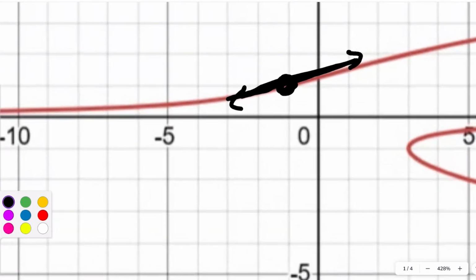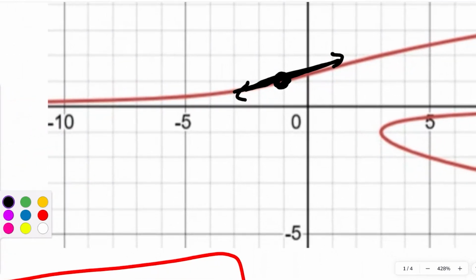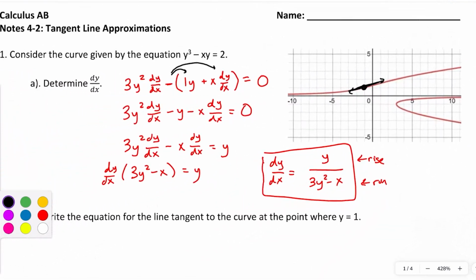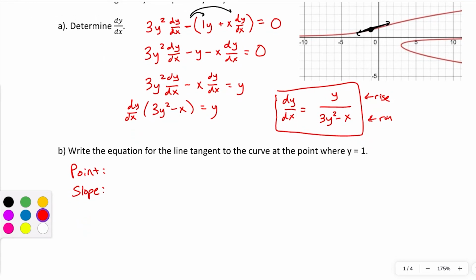If I zoom in, it almost looks linear there, so it's hard to tell. But that's the line that we're looking for the equation for. To come up with that equation, we're going to set it up just like we set up all of our tangent line equations. We're going to need a point. We're going to need the slope. And then we'll plug it into our equation, y minus y1 equals m times x minus x1.